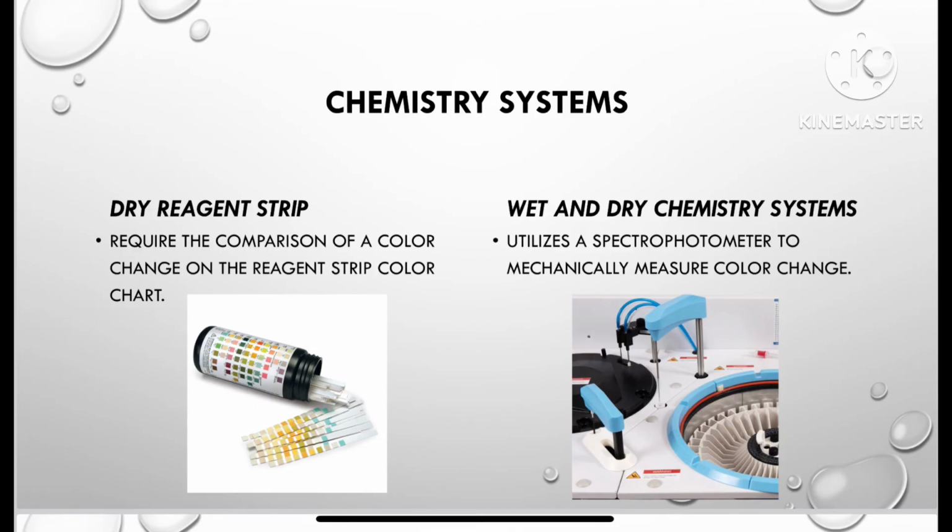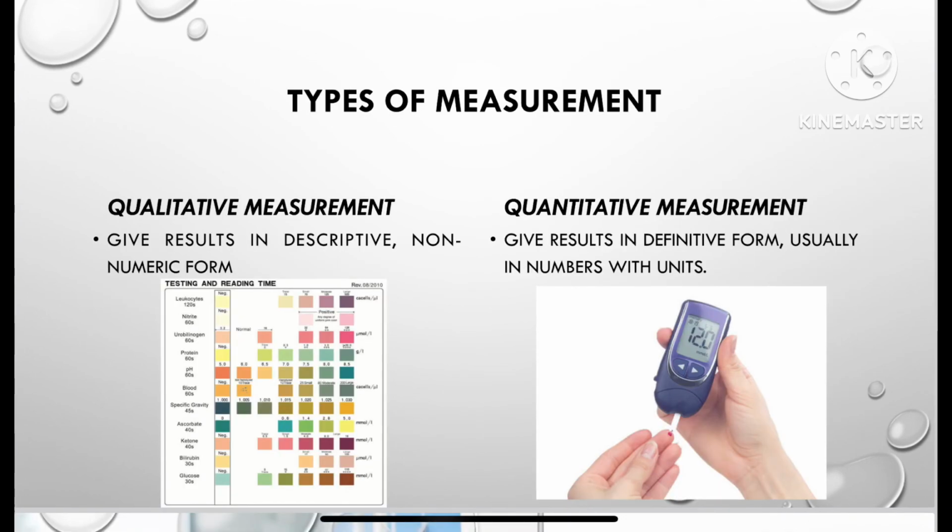The main difference between the two is that the dry reagent strip has subjectivity to the reading of the results compared to that of the wet and dry chemistry systems because it has been standardized already. What are the types of measurement in the clinical chemistry laboratory?